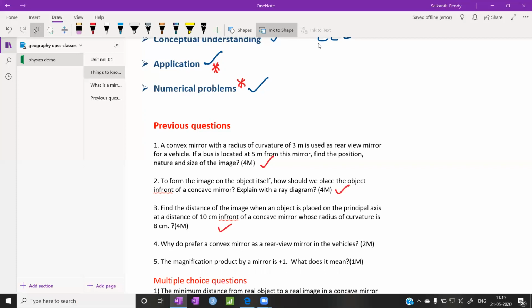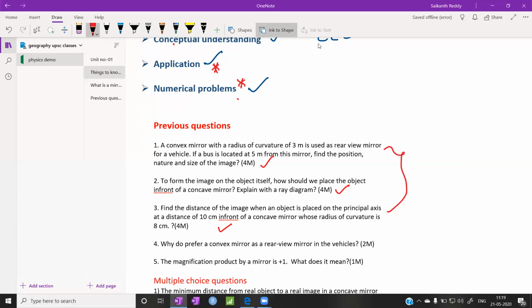This is the area where you are going to get the 4 marks question. It is a combination of conceptual understanding and applications, and sometimes numerical problems. You need a strong foundation in the basics to answer these questions.